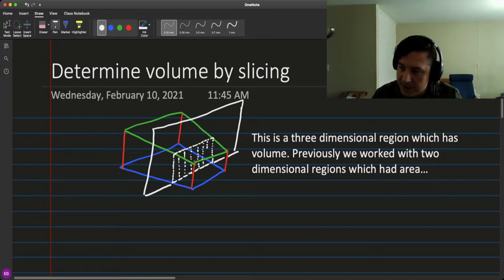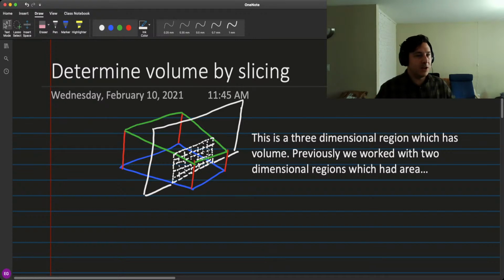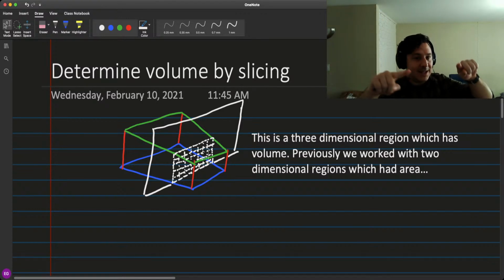I'm actually doing pretty well, I think. So this sheet of paper intersects with my shape. You can imagine it's like I sliced the box and you can see right where it cuts it.